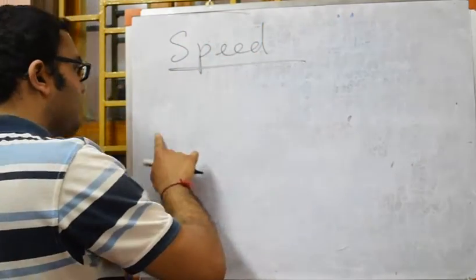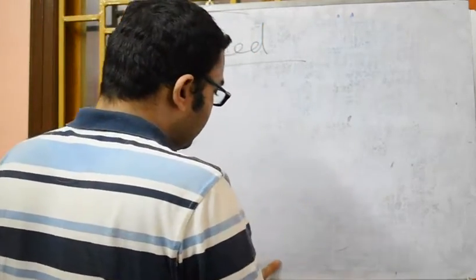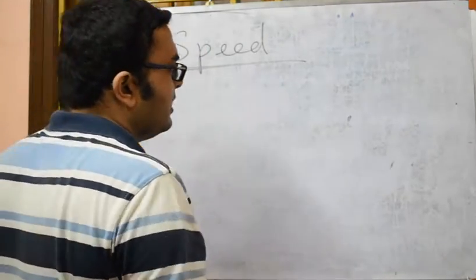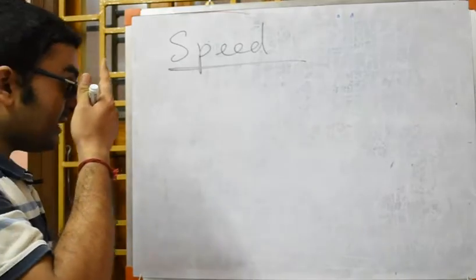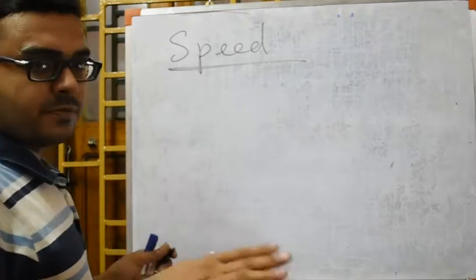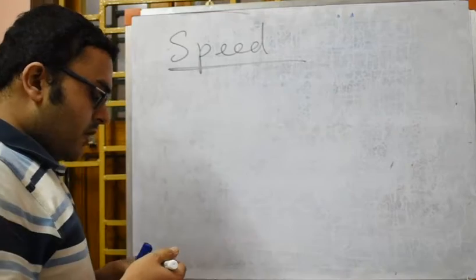If you think of a cart driven by a cow, it has a very low speed. If you think of the bicycle that you drive, it has a moderate speed, not too fast, not too slow. So what is speed?